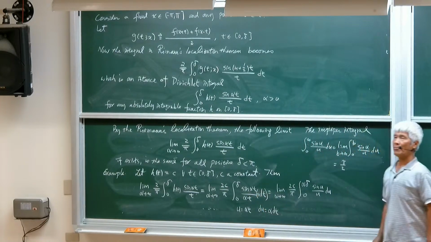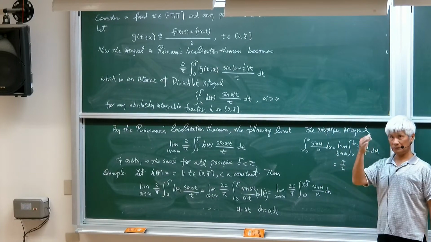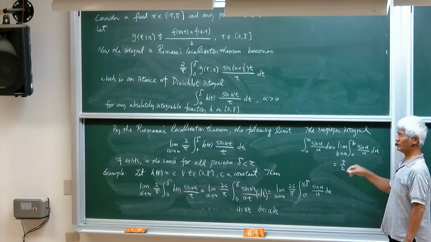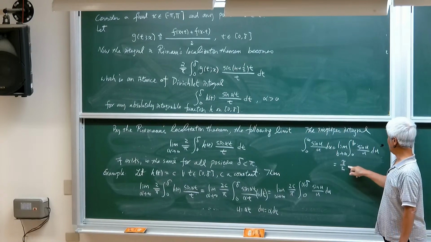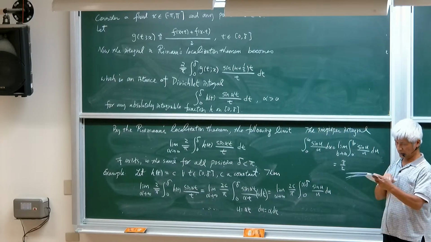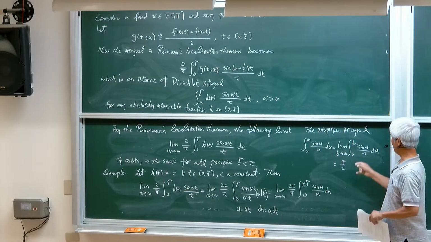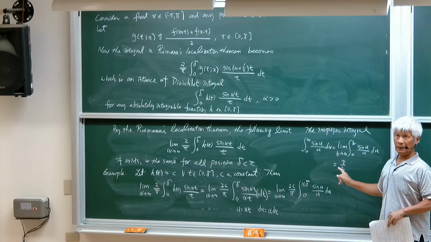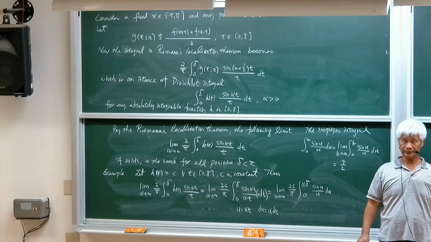And the evaluation, I ask you to find from a table of integrals, or you can find it by using Google search, something like that. But I give you a reference, so you can see how to evaluate this one. But actually, it can be evaluated, okay?